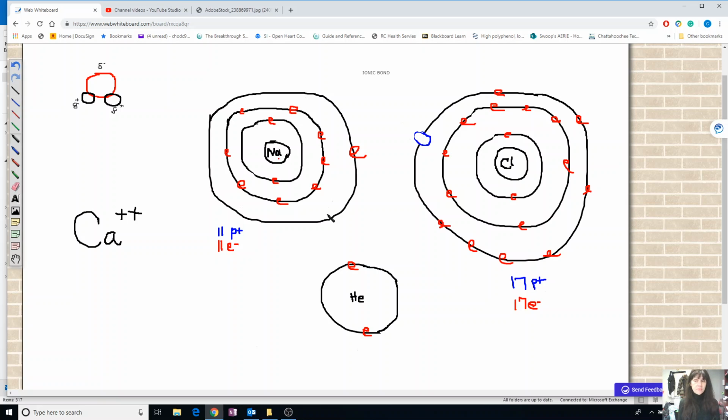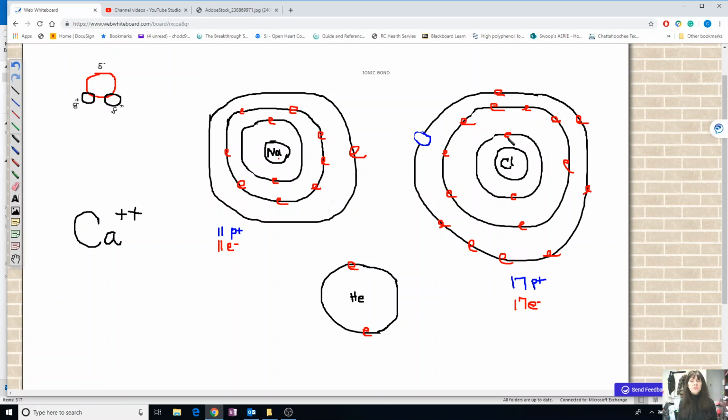When we look at chlorine, chlorine has 17 protons, therefore it has 17 electrons prior to forming any kind of interaction. So the first energy shell can only hold 2 electrons according to the octet rule. The second energy shell can hold up to 8 electrons.